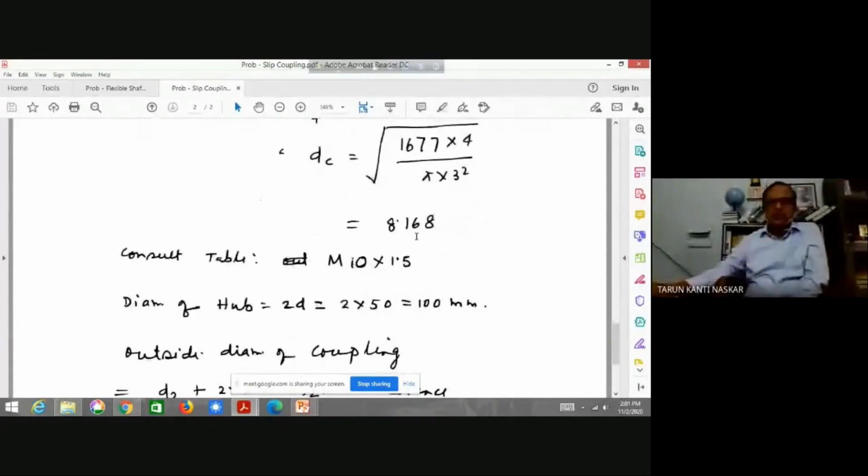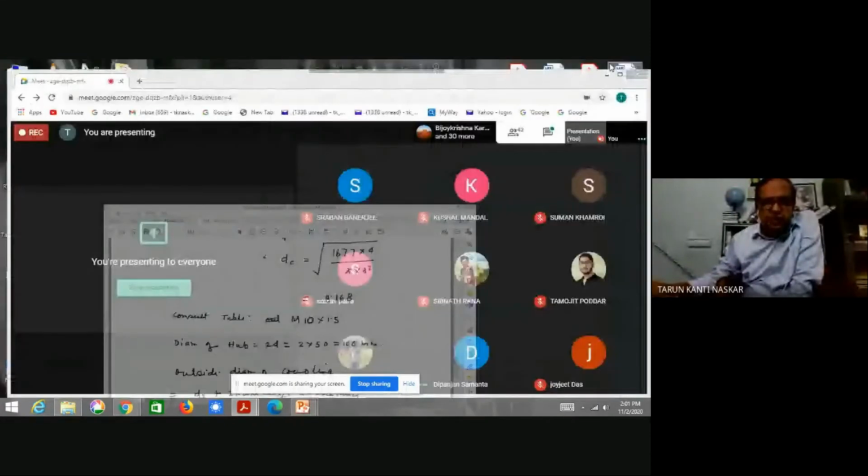Now from this dc we will consult the table for finding out the size. Bolts are designated in this form: M, some value, multiplied by the pitch. Now what is this value? That we have to find out from the table. Now let us consult the table, the table that I have shown you.